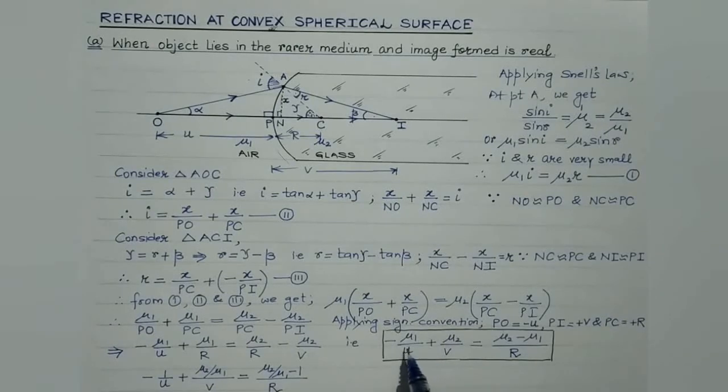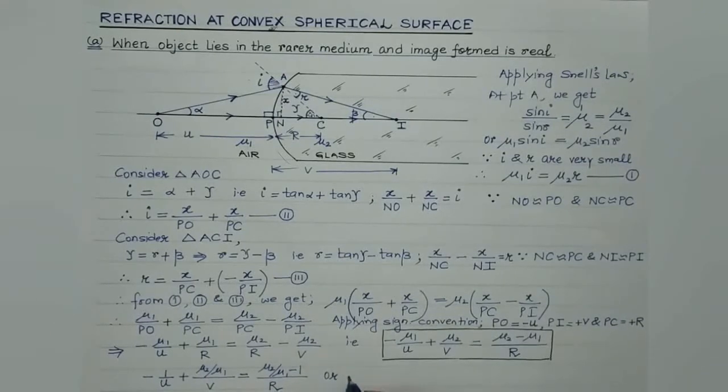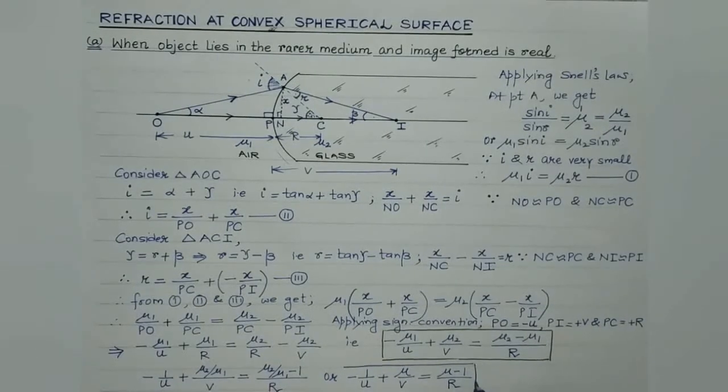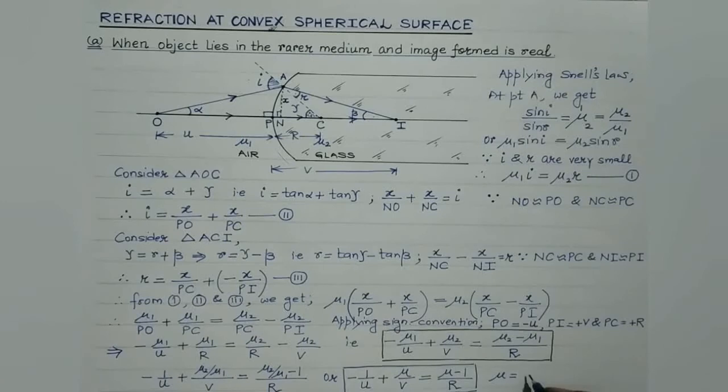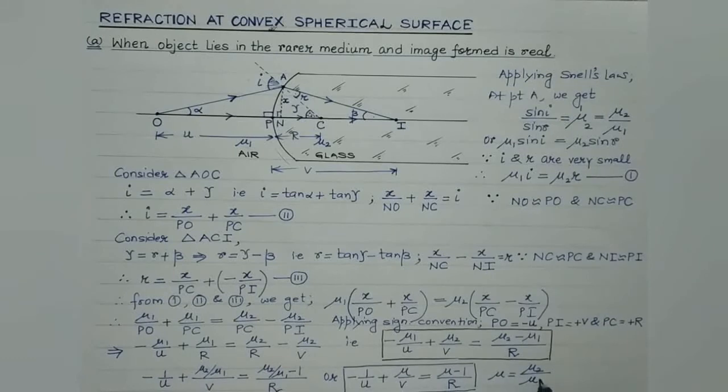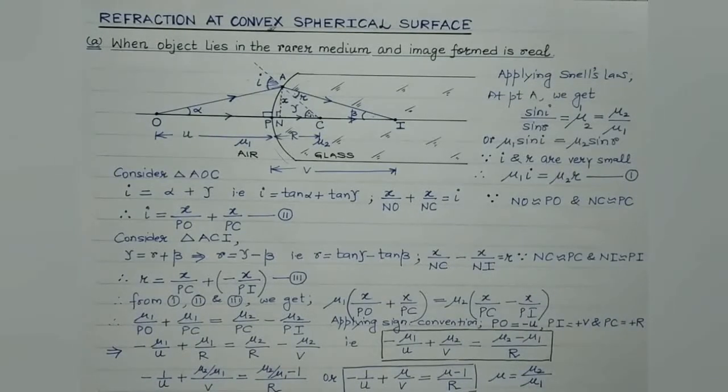Or minus 1 by U plus mu by V is equal to mu minus 1 by R. So this is another way of representing the above result. Here students, mu is the relative refractive index of medium 2 with respect to medium 1, which is absolute refractive index of medium 2 divided by absolute refractive index of medium 1. Clear students?